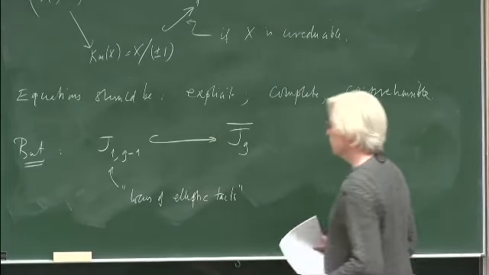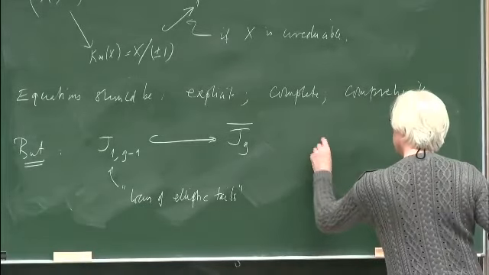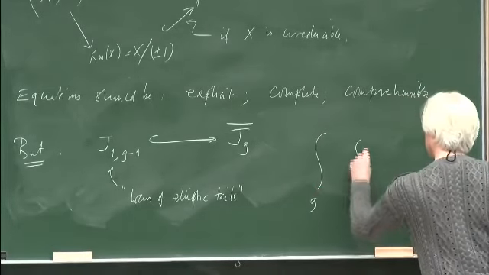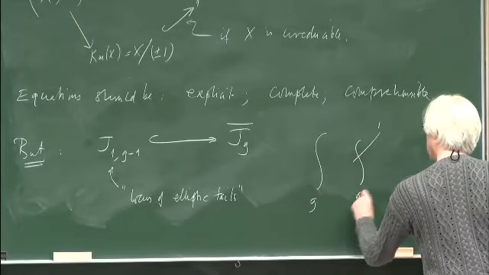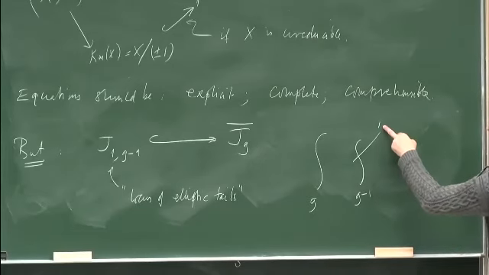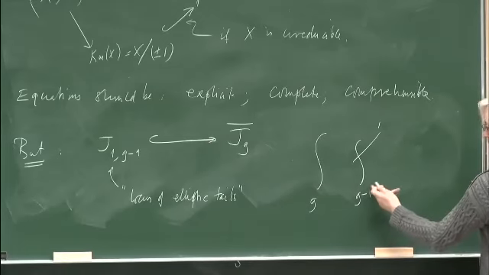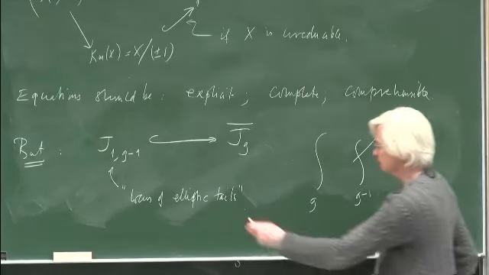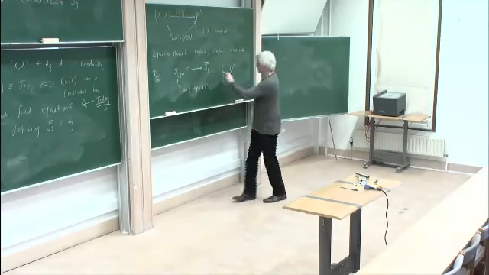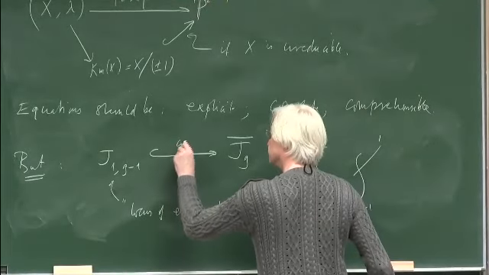Or if you like, if I let a curve of genus g degenerate into a curve of genus g minus 1 and another curve of genus 1, then the Jacobian here will specialize to the product of two Jacobians. So this locus here is meant to represent that picture. So this is codimension 2.